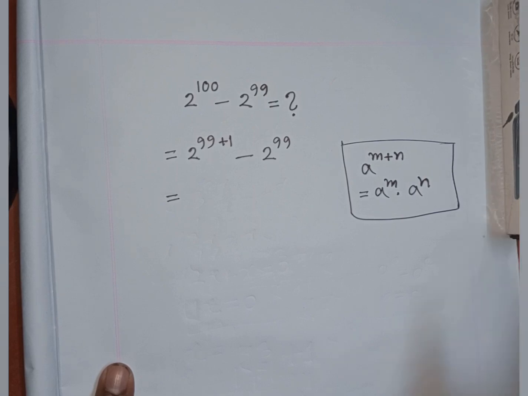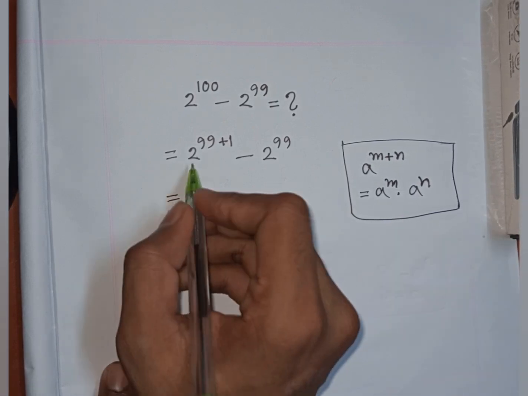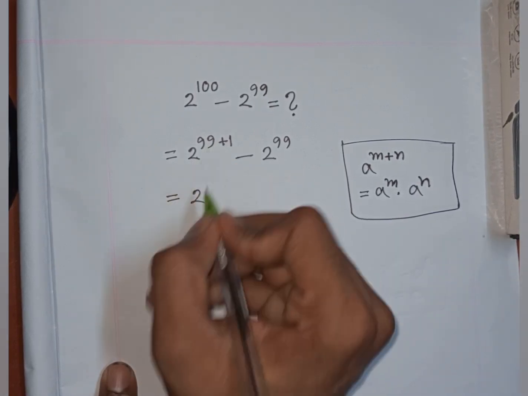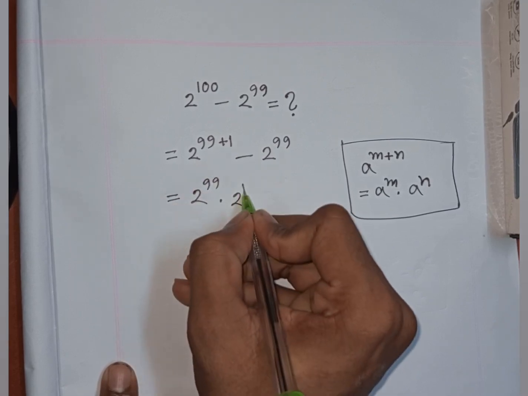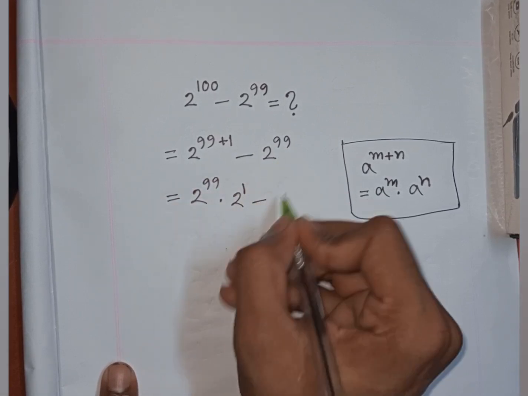So according to this rule, you can write here 2 power of 99 times 2 power 1, then minus 2 power of 99.